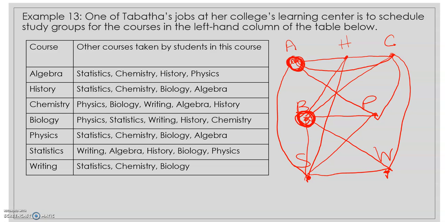I'm going to go to statistics next, and I'm going to use a triangle. You can use a different color with your colored pencils or your crayons. Statistics is connected to algebra, history, biology, physics, and writing. It is not connected to chemistry.